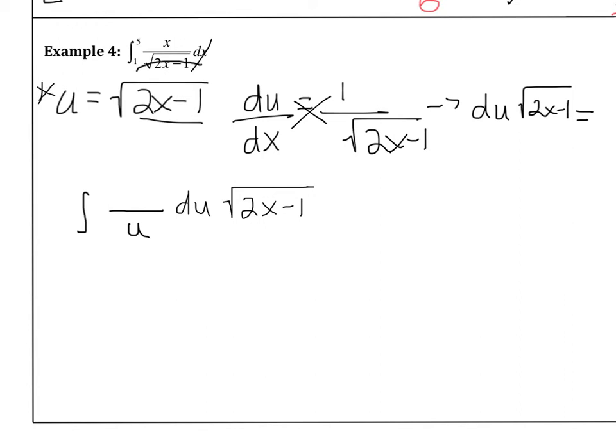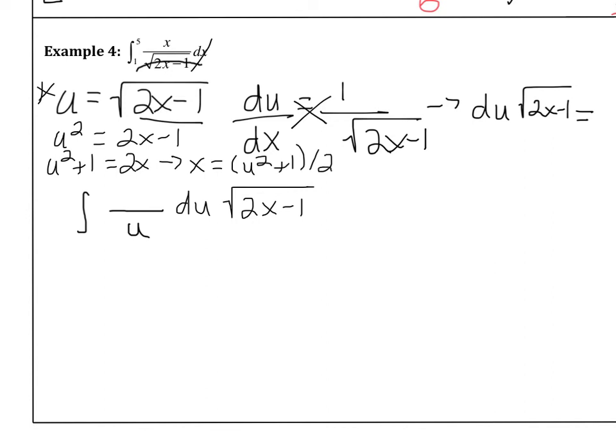To solve for x in that expression, I need to square both sides. So that'll give me u squared equals 2x minus 1. When I continue to solve, I'll get that u squared plus 1 is 2x. Therefore, x is equal to u squared plus 1 over 2.